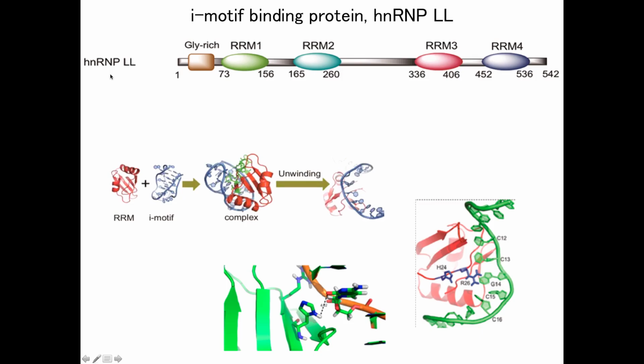hnRNP LL is one kind of i-motif binding protein. Especially, this protein has four RRMs. RRM means RNA recognition motif. This RRM can bind to the i-motif and unfold this structure.